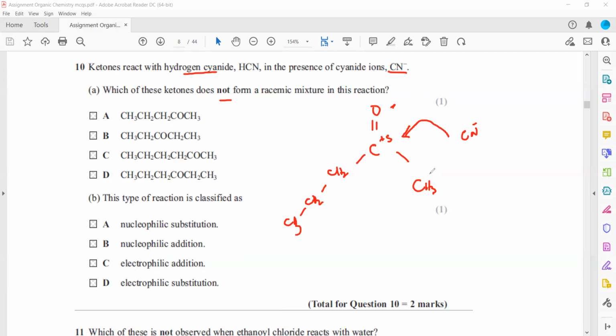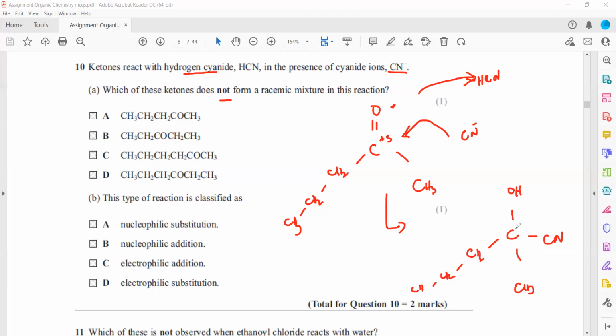This will form a bond, and the H of HCN will form a bond with the oxygen. So the product formed here will be C with OH, then CN, then CH3, and then CH2, CH2 and CH3.